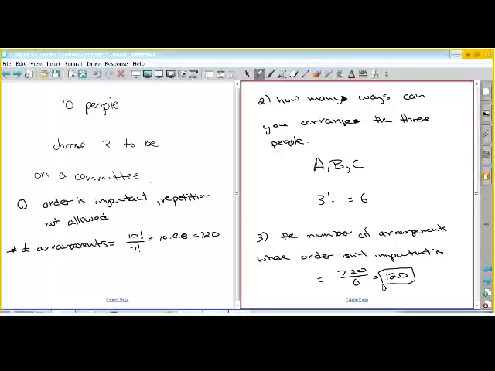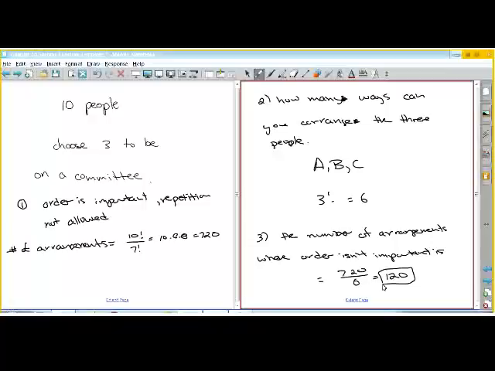So to answer my original question, how many committees can I create from 10 people if the committee contains 3 people? The answer is 120.